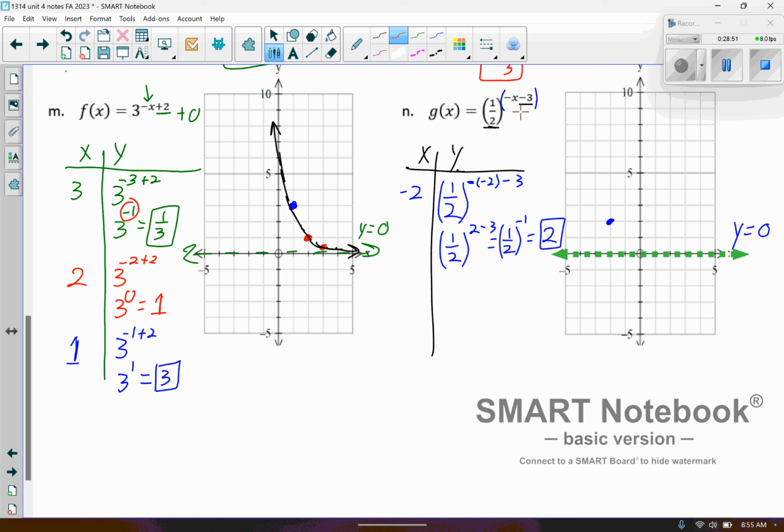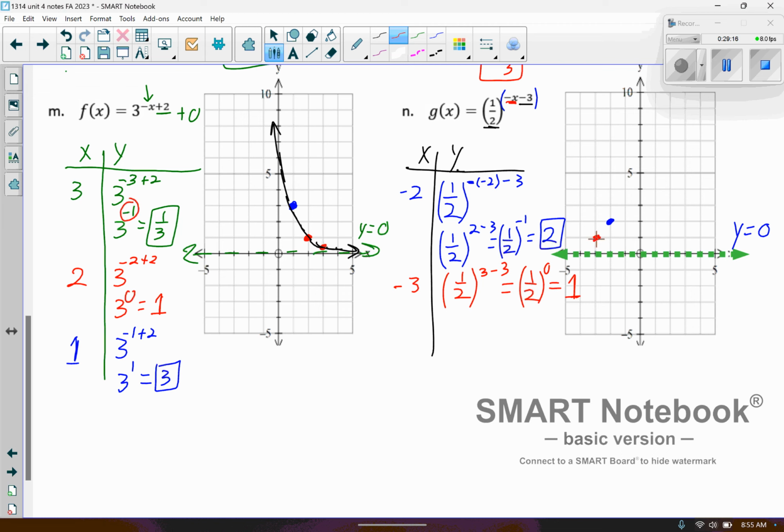Now I need to plug in a -3. And so what happens here is the double negative up here will change that to +3 minus 3. So then I get 1/2 to the power of 0, which is going to be a 1. So at -3, I'm right here at 1.